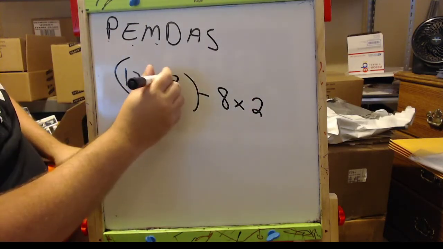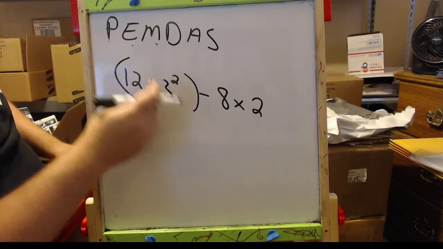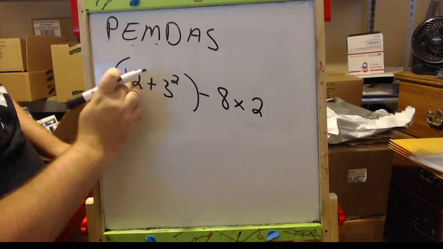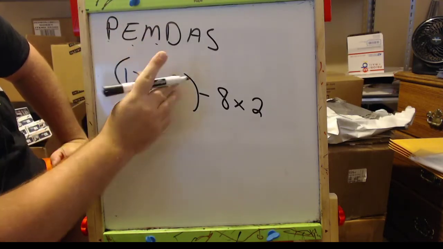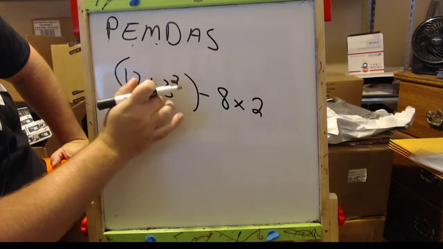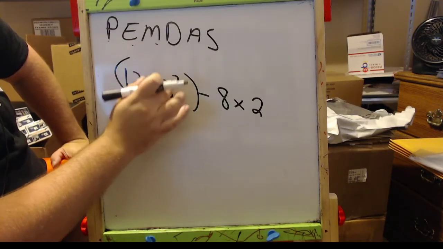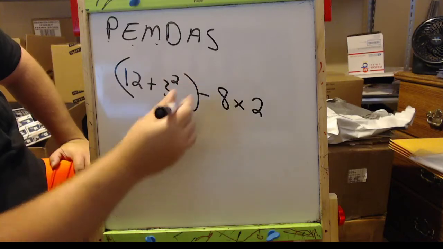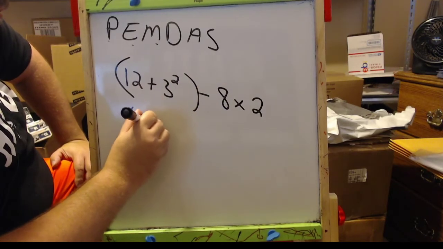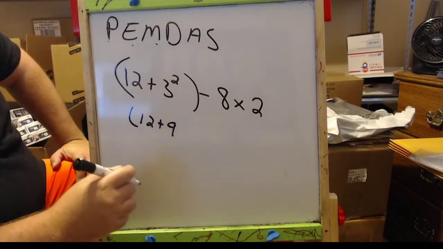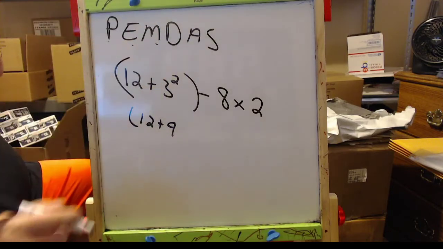So we would do the square first and the parentheses together. So first it would be the parentheses. So we look at the parentheses. Then the exponent gets done first. So it's not 12 plus 3 and then square it. It's 3 squared first. So we would expand the parentheses out to be 12 plus 9. 3 squared is 9.